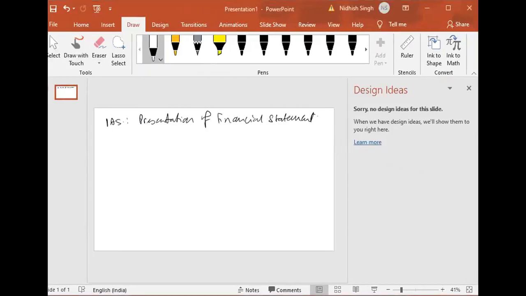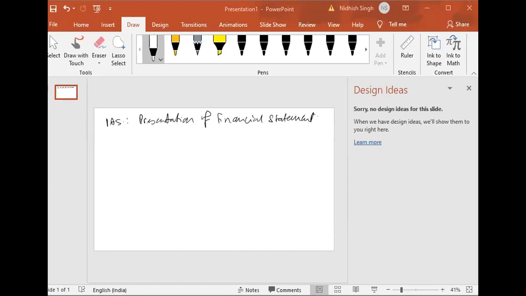Okay, so before we go into any detail, we can just intuitively understand what it would require from us. Because once we start, it's called the first principle approach. What we intuitively think the presentation of financial statement should include as an accountant. What is our first guess? Let's start from there.